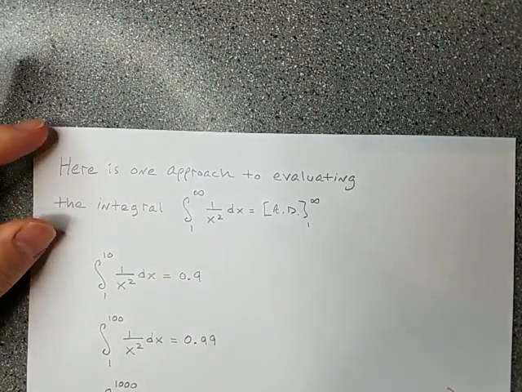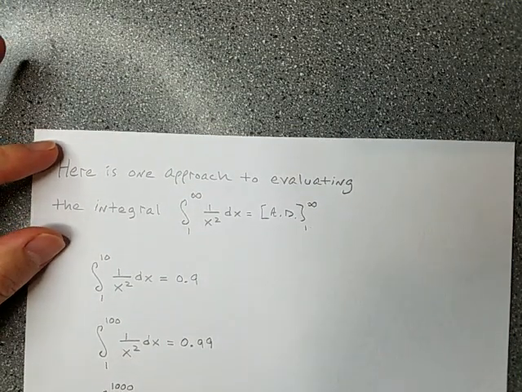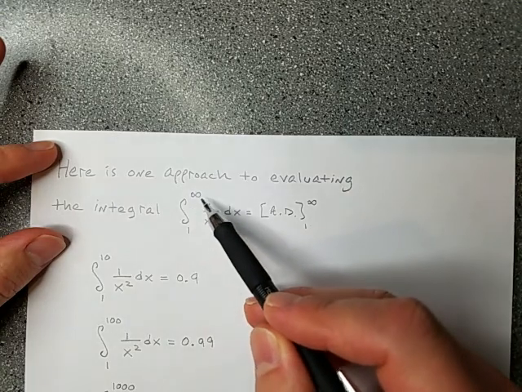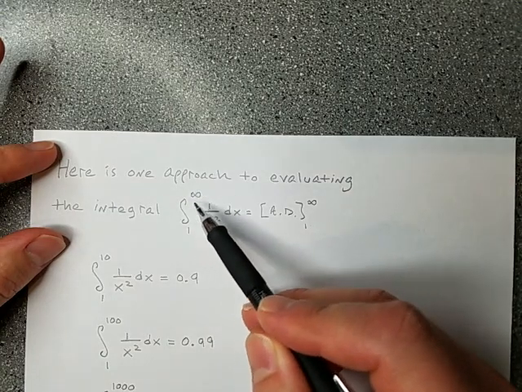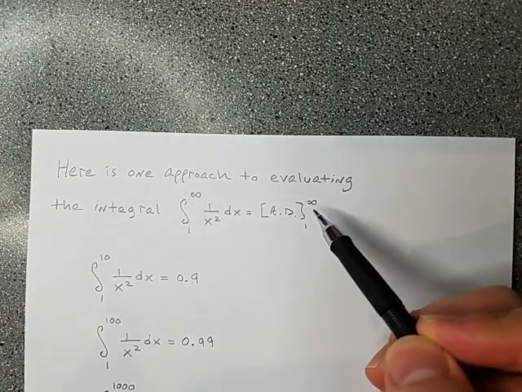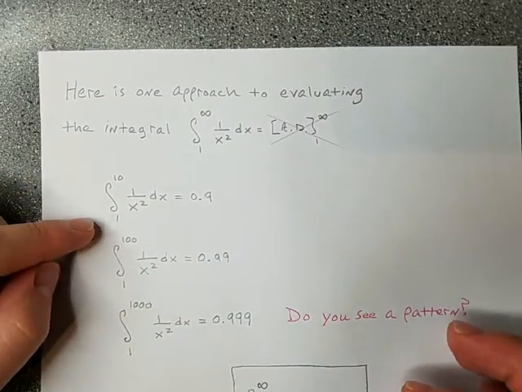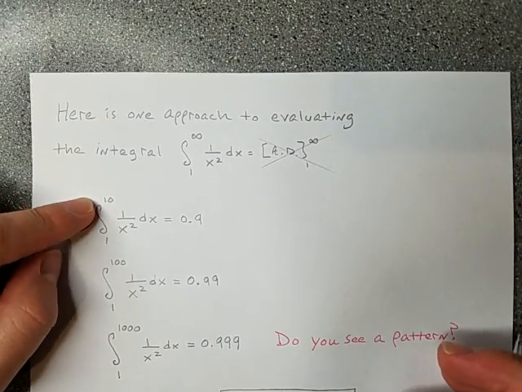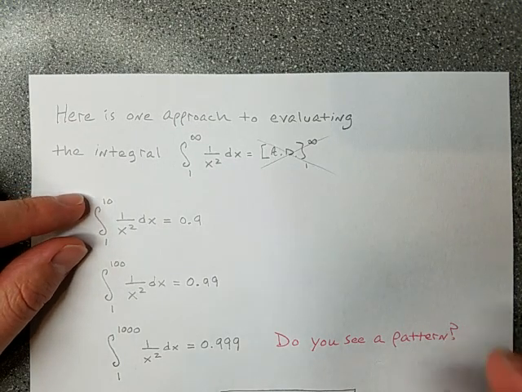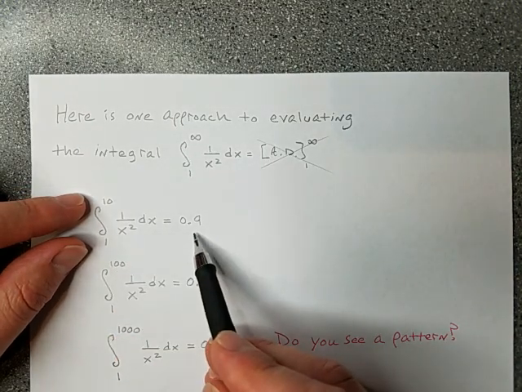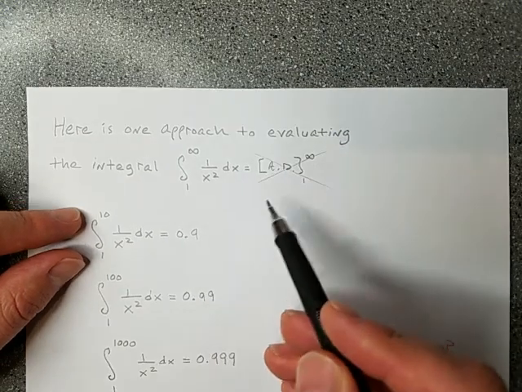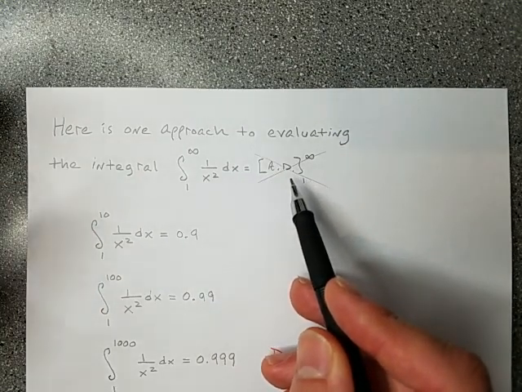So how about this? Since I can't really reach all the way to infinity, because it's not a number suitable for calculation, let's say I'll go from 1 to 10. If I work this integral out from 1 to 10 with the fundamental theorem of calculus, I'll get 0.9.